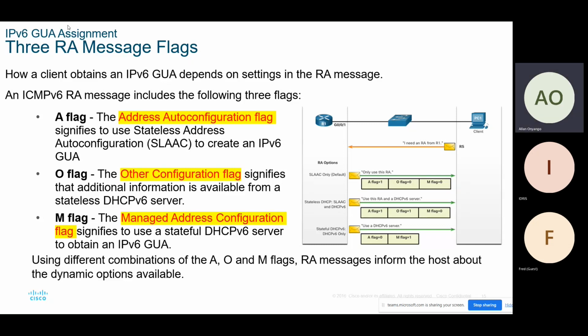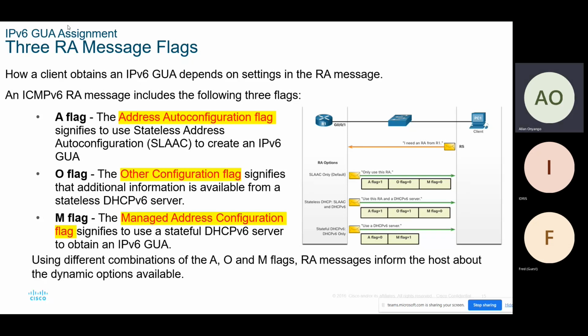When SLAAC with stateless DHCPv6 server is used, then both A and O will be equal to 1, but M is equal to 0. And when you're using stateful DHCPv6 server, then both A and O are off, they're equal to 0, and M is equal to 1.